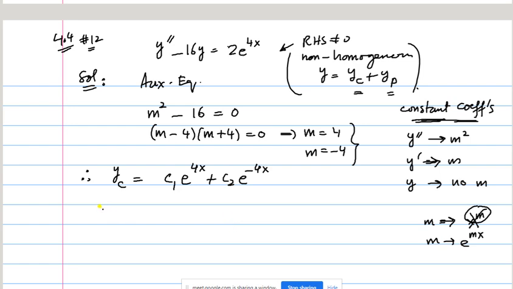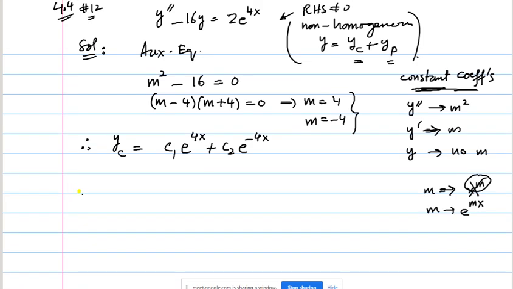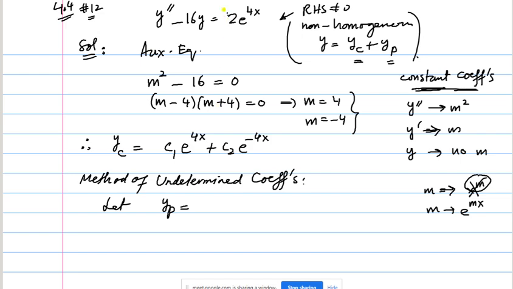So now I will use the method of undetermined coefficients, UC. The method of undetermined coefficients says to take yp similar to the right hand side, but change the constant.